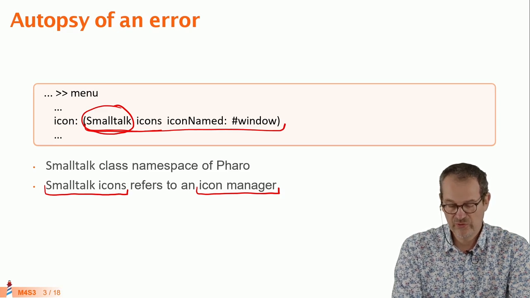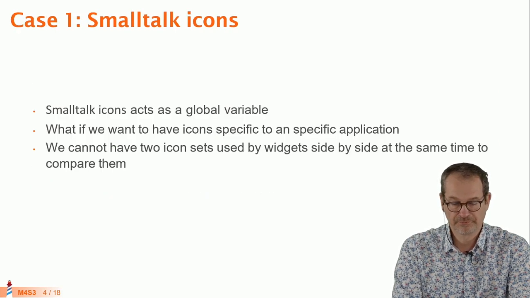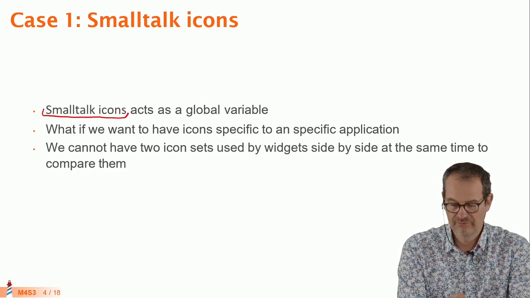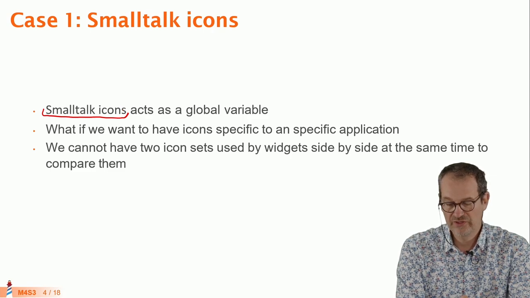Okay, so what can we conclude from this? First, this guy is a global variable. What if I want to have a different set of icons that is specific to my application? I cannot.